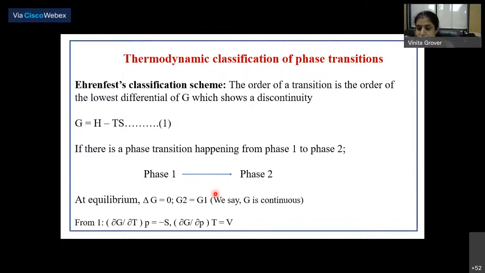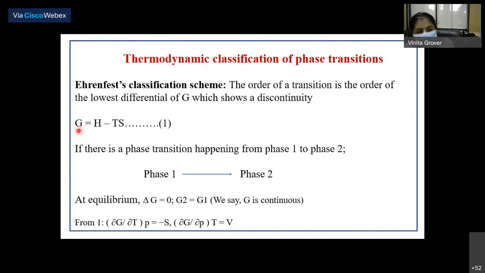Remember that G is given by H minus TS. If the first derivative of free energy with respect to temperature and pressure is discontinuous, we call it a first order transition. You'll understand it a little more, just be with me.